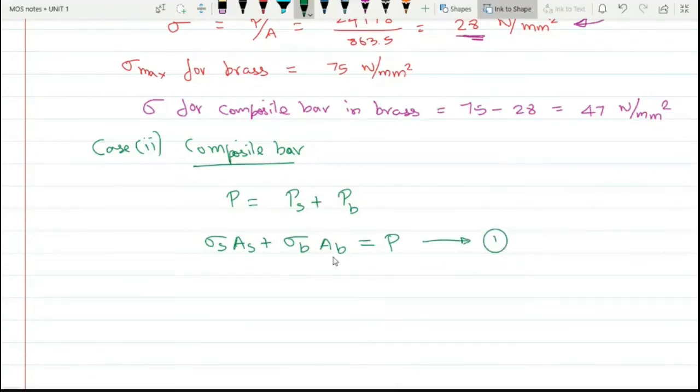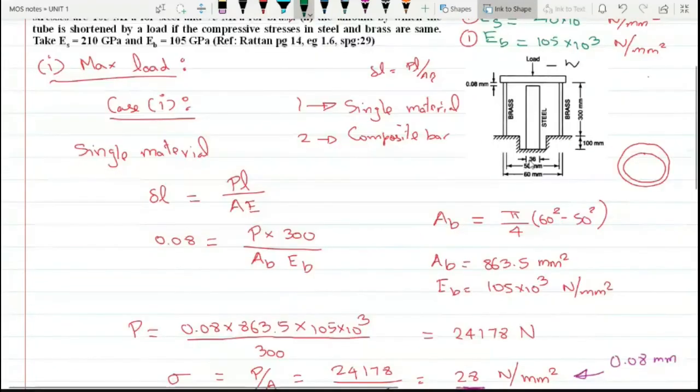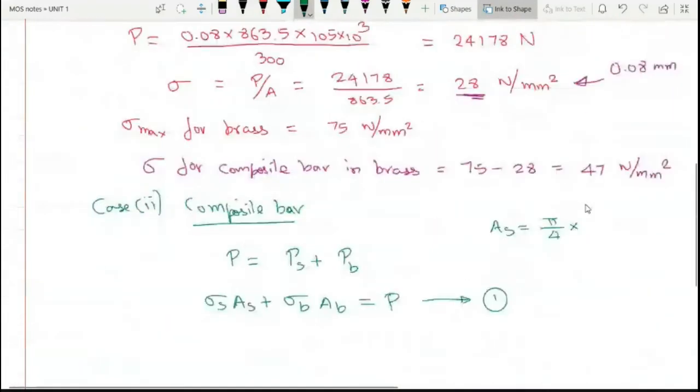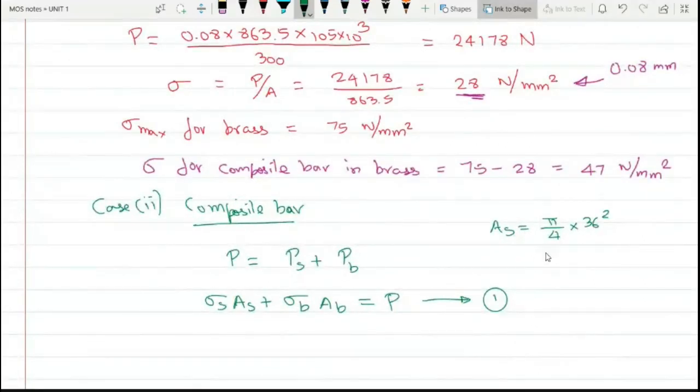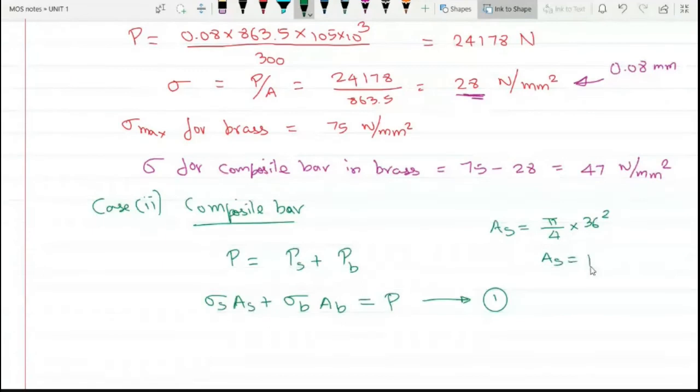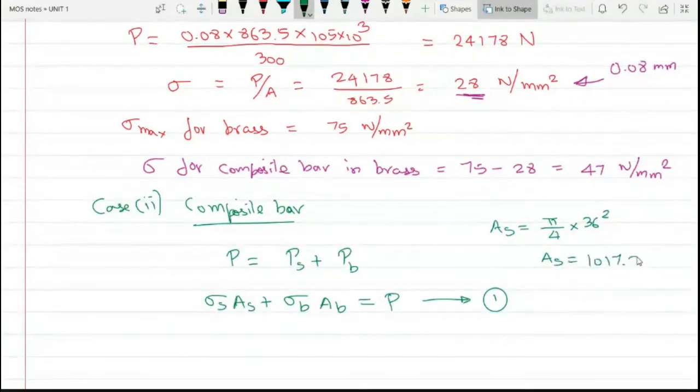We already identified the AB value. Let us identify the AS value also, so that it will be easy for calculation. AS will be pi by 4 into D square. D is 36 here, so it is 36 square. It's a solid circle. So can you tell me what is AS? 1017.36 mm square.